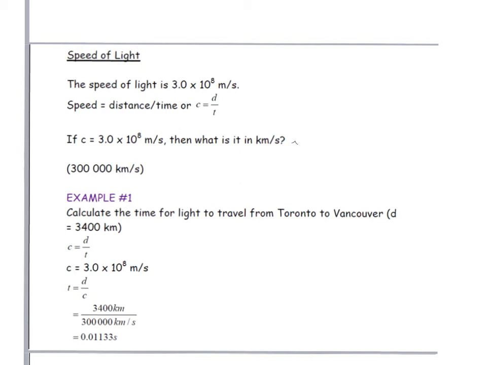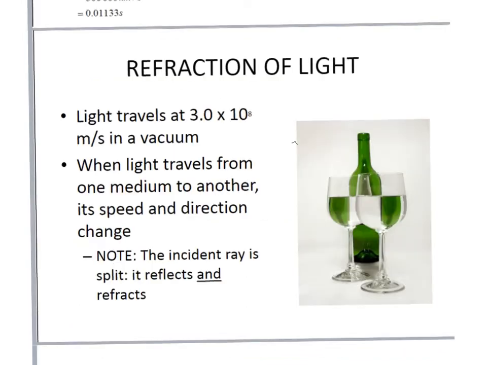So hypothetically, we could calculate the time that it takes for light to travel from Toronto to Vancouver, simply by acknowledging that the speed of light in air is 300,000, and if the distance is 3,400, then we can isolate for t and solve for time. So that was simply the speed at which light photons move in a medium.